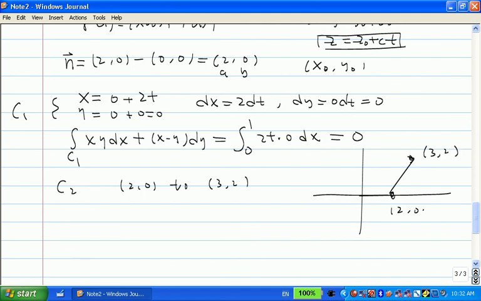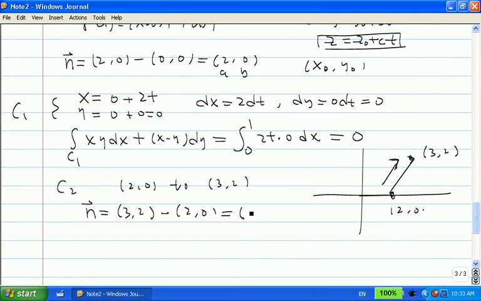Same thing. You need to find n, which gives you AB. Let's use 3, 2 minus 2, 0, which would give you this vector. This vector will be the vector your line is parallel with. So it will be 1 and 2, right?